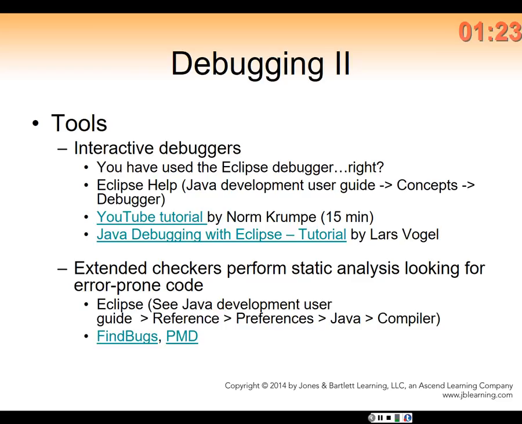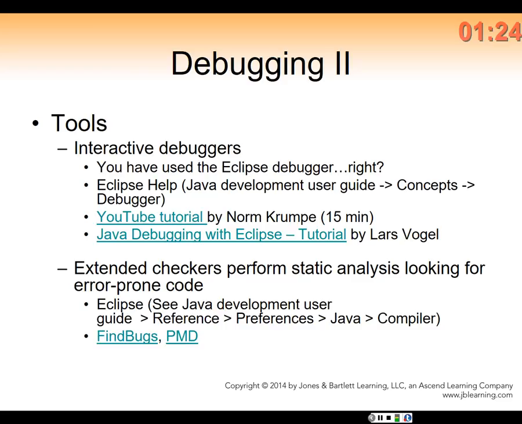And then here are some other cool things. I can't demonstrate these today, of course, but we're going to take a look at these two things. These checkers do static analysis, so they're inspecting your code. What they're looking for is error-prone constructs, things that historically have produced erroneous computations or might have been used in the wrong way.